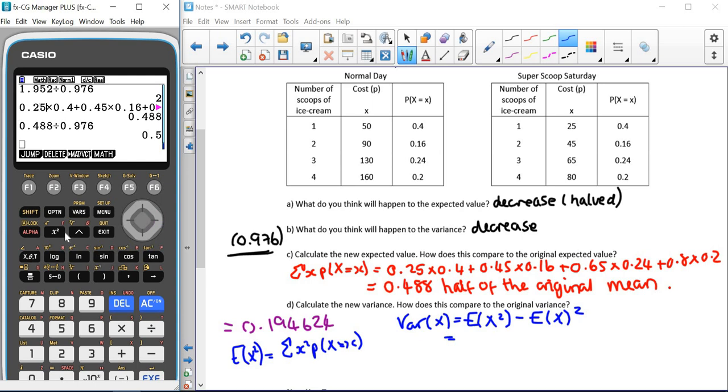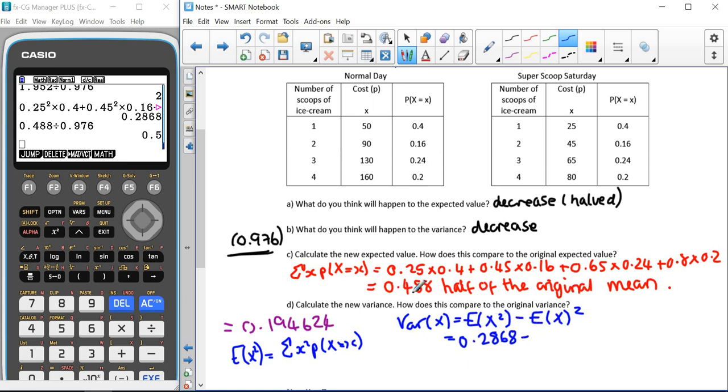So I've got 0.25 squared times 0.4 plus 0.45 squared times 0.16 plus 0.65 squared times 0.24 plus 0.8 squared times 0.2. So that's the outcome squared times the probabilities, which gives us 0.2868. That's our E of x squared.